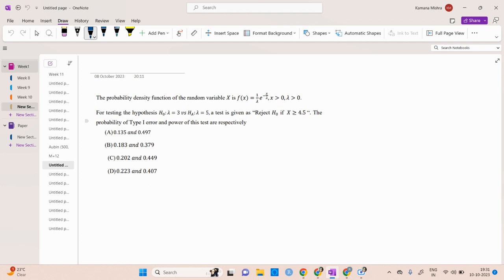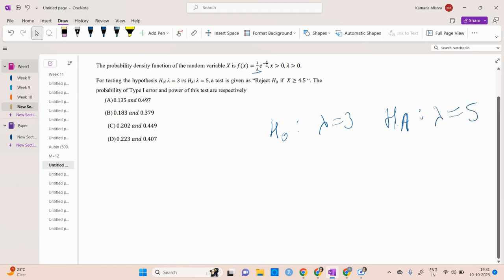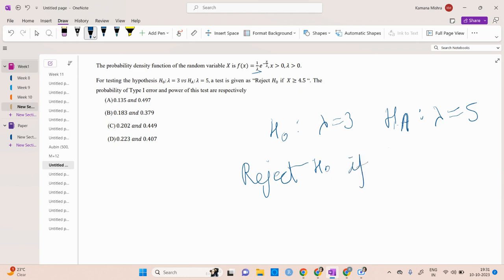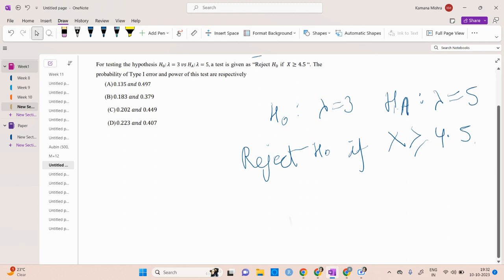The null hypothesis H naught is lambda equal to 3, and the alternative hypothesis HA is lambda equal to 5, right? The test is given as reject H naught if x is greater than or equal to 4.5. So we want to find the probability of type 1 error.